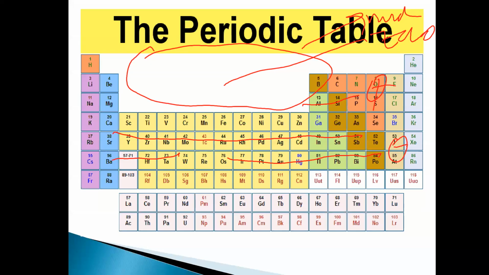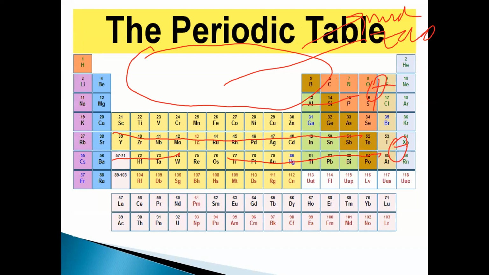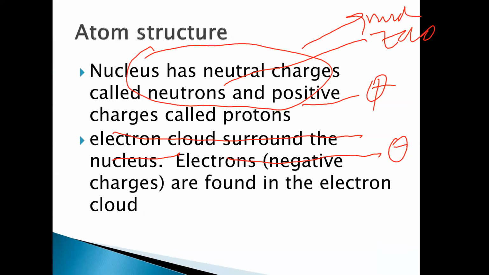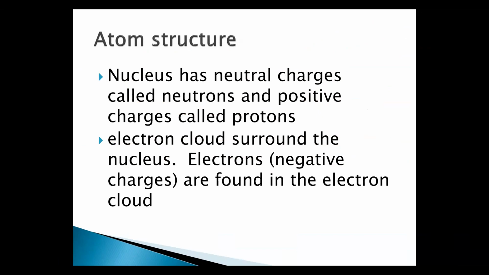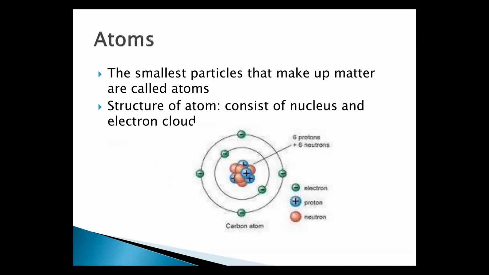Now, there is what is called the periodic table. For the periodic table, let's go back to that. I want to explain. Go back to the previous page. Always, when you see an atom, you must know that the number of electrons is equal to the number of protons.